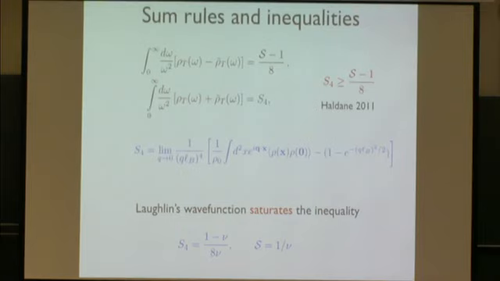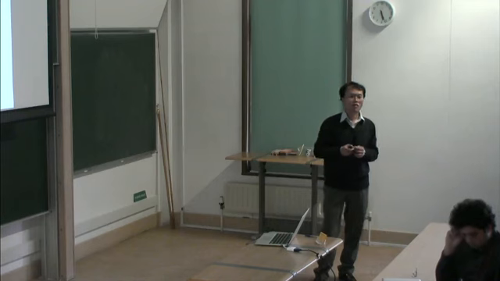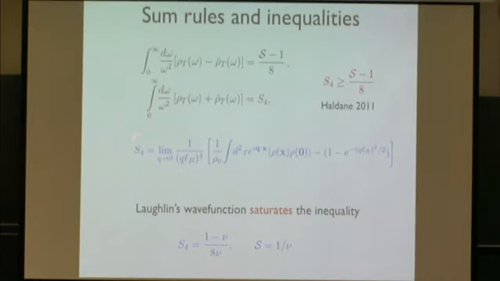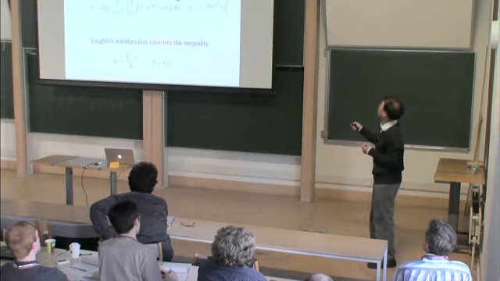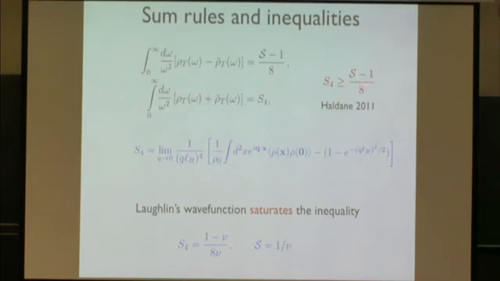It turns out that if we subtract this, we find that the remainder is proportional to q to the 4th, and the coefficient, let's call that S4. From these two sum rules and the positivity of the spectral densities, we derive the inequality that S4 has to be bigger than something determined by the shift. Actually, it's the absolute value of (S minus 1) over 8.